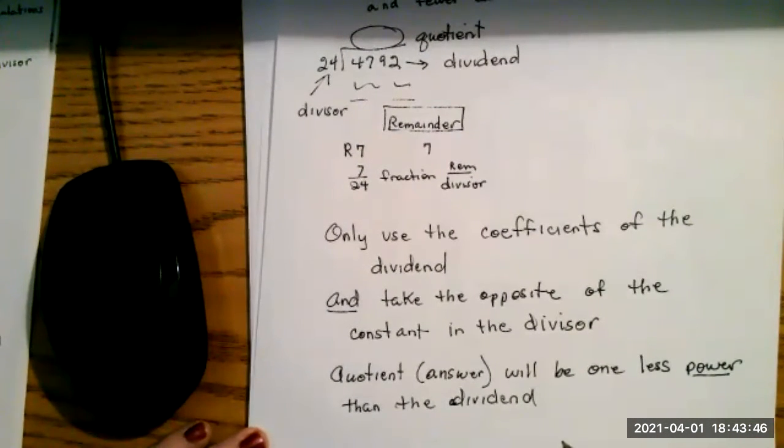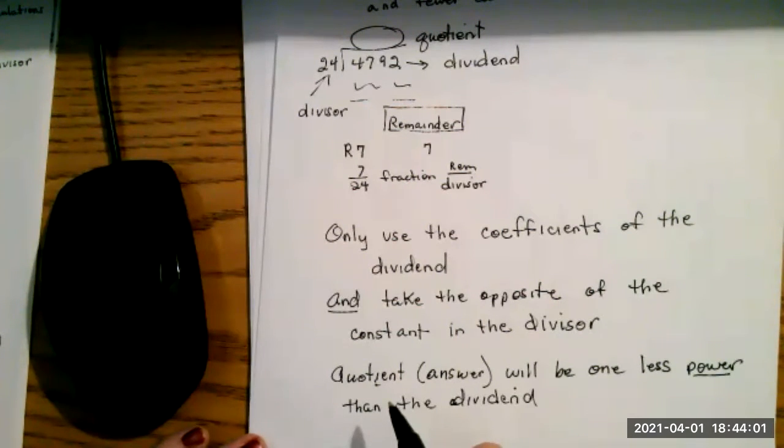So if your dividend was x cubed, then your quotient's going to be x squared. If the dividend starts with x to the 5th, then your quotient's going to be x to the 4th. It's going to be 1 less.